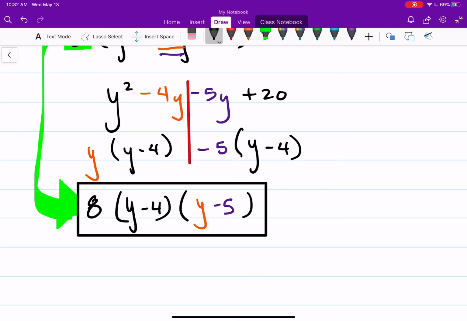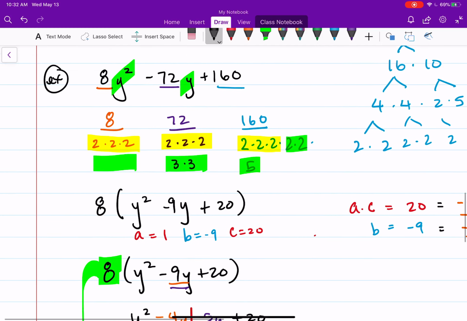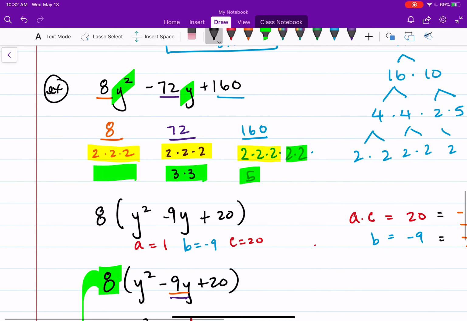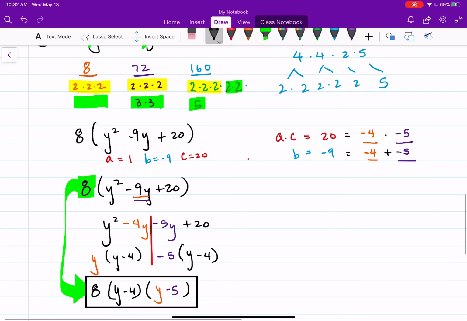And there we go. Hopefully that helps you. Now, my preference for you guys right now is probably to stick with the AC method until you get down. So again, here is step 1.